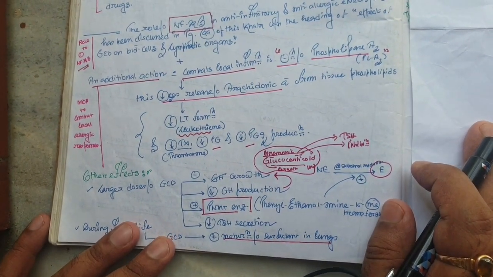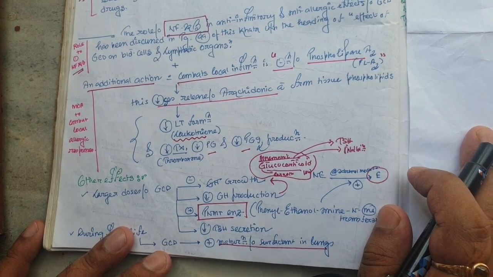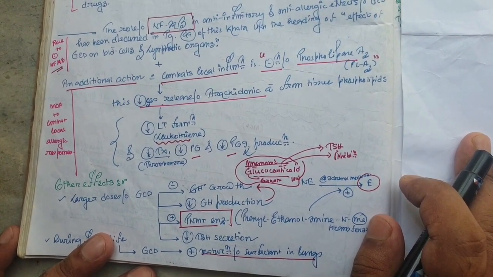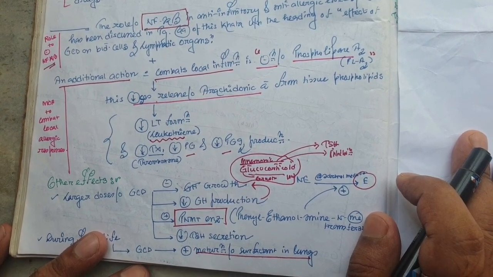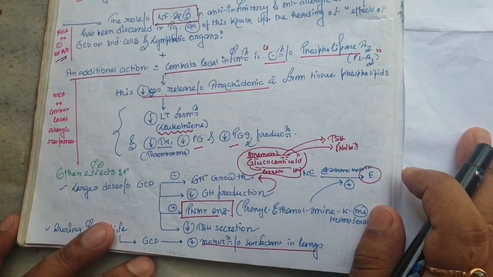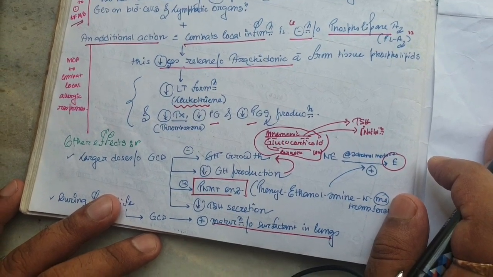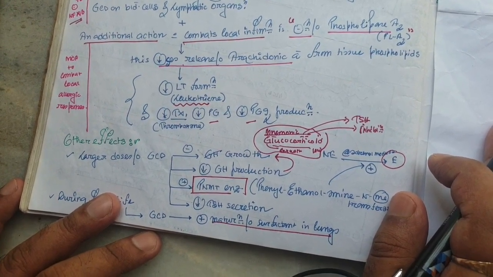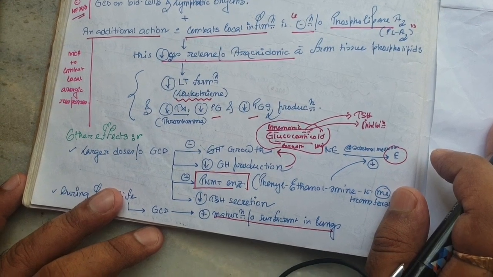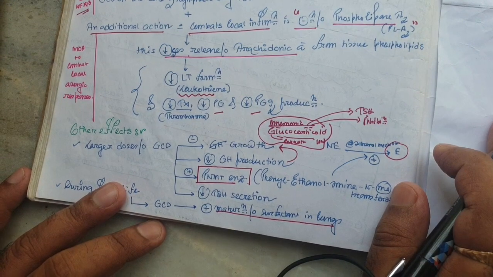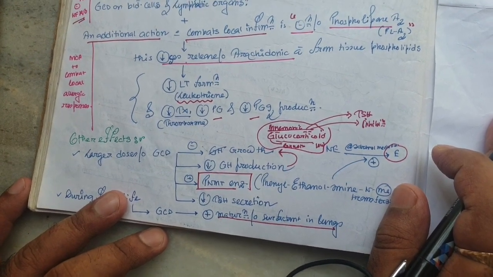And if we don't use a proper antimicrobial side by side with glucocorticoid therapy, then there is a chance of bacterial septicemia throughout the body, and it may be fatal. So please remember, glucocorticoid treatment in this context is advantageous, and also disadvantageous, side by side.